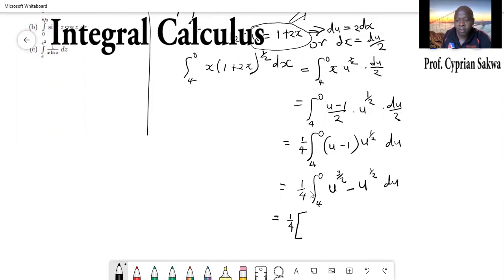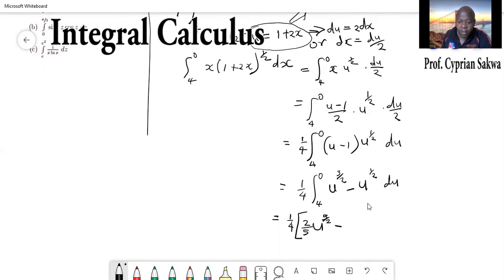integrating this, remember that we add 1 to the power and divide by the new power. So if I add 1 to this power, I would have 5 over 2. So what I'm writing now is u raised to 5 over 2, and remember that when you're integrating, you divide by the new power. So when I divide by 5 over 2, I would have 2 over 5 there.